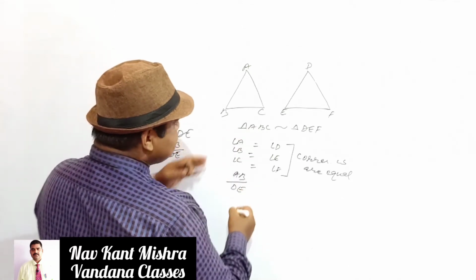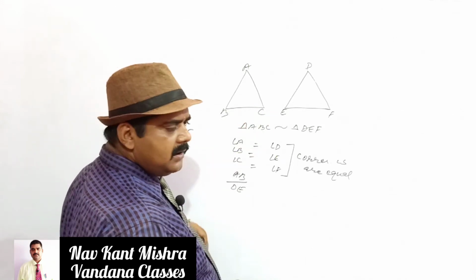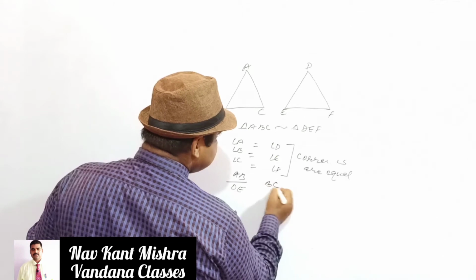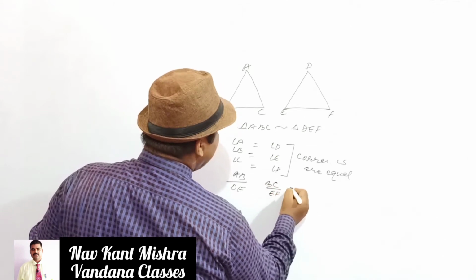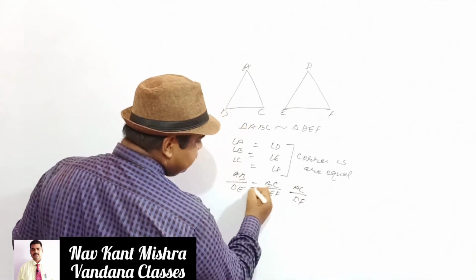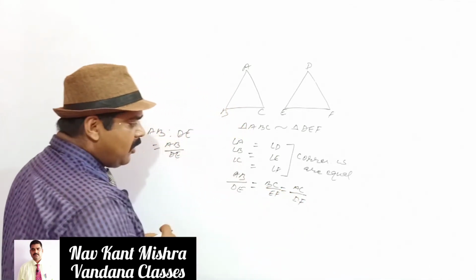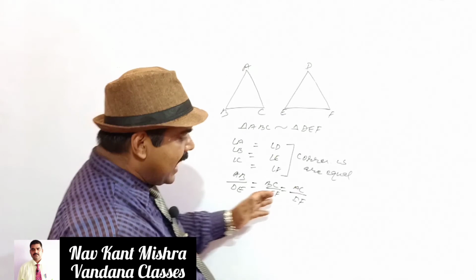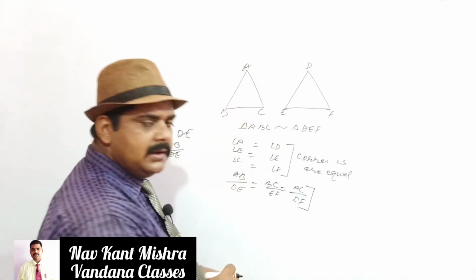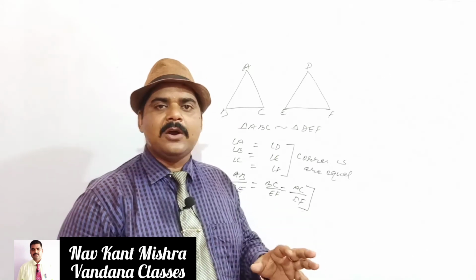So you take the ratio of the corresponding sides: AB upon DE, BC upon EF, and AC upon DF. If the ratios of the corresponding sides are equal, then the second condition for the similarity of polygons has been fulfilled.